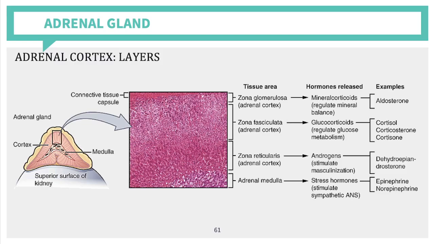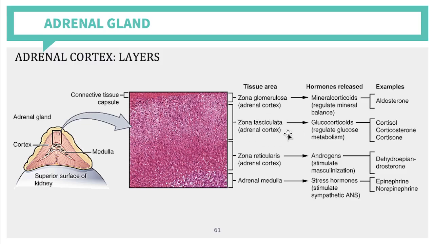Take note, again, as a review, the adrenal cortex layers: you have your zona glomerulosa, zona fasciculata, zona reticularis. This is your cortex, and the medulla, adrenal medulla. Let's review the hormones being produced by your adrenal cortex. Glomerulosa produces your mineralocorticoids, for example aldosterone, which regulates mineral balance.